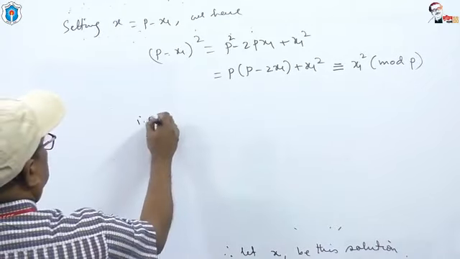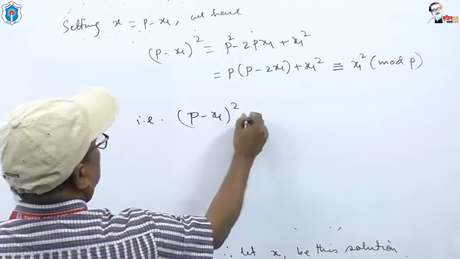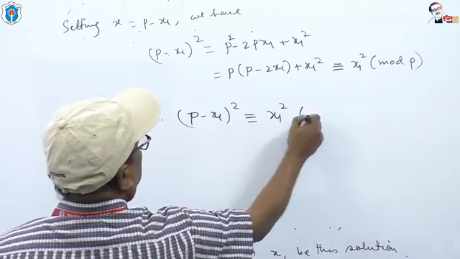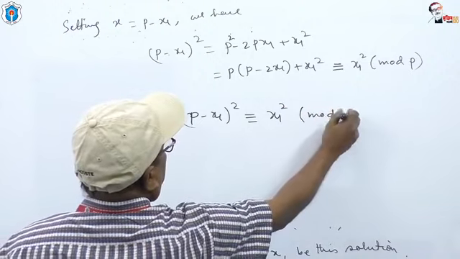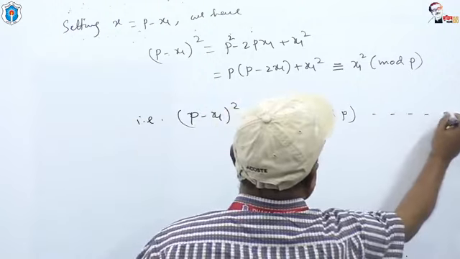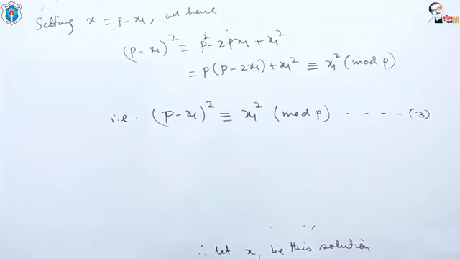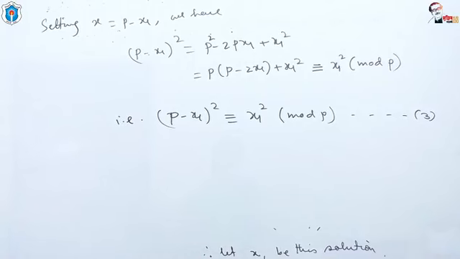That is number 3. Now we use transitivity law in 2 and 3.